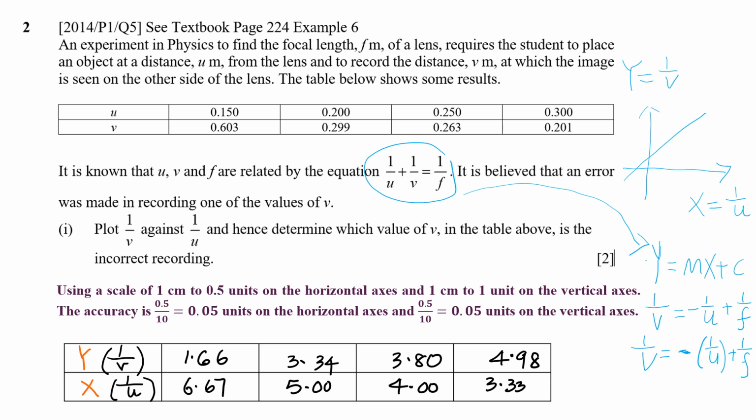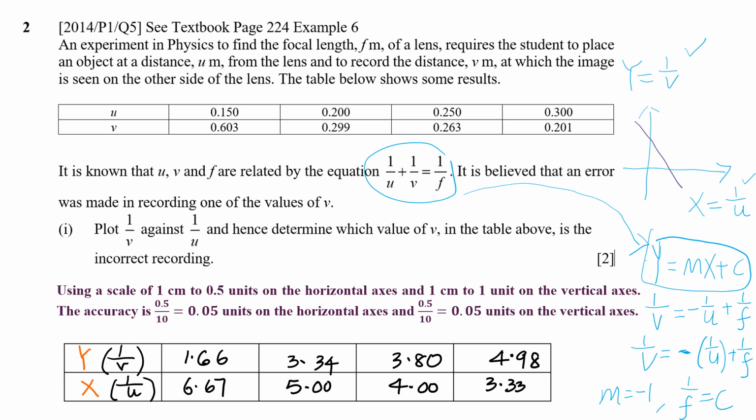And if you do a comparison with what we have here, you can see that the big Y is 1 over v here, the big X is 1 over u here, and therefore your gradient is negative 1. And your 1 over f will be your c, which is your y-intercept. So therefore, this is a line with negative gradient, so it should go this way.